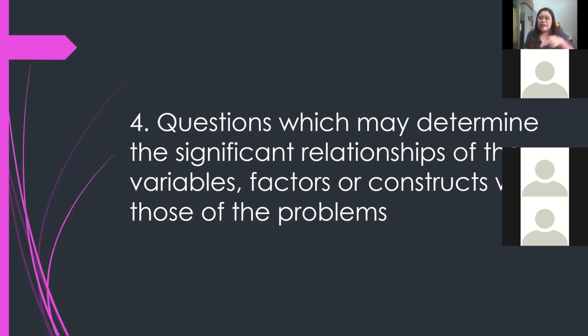And then, at the end, ang last ninyo nga question in your study should be answered using inferential statistics.